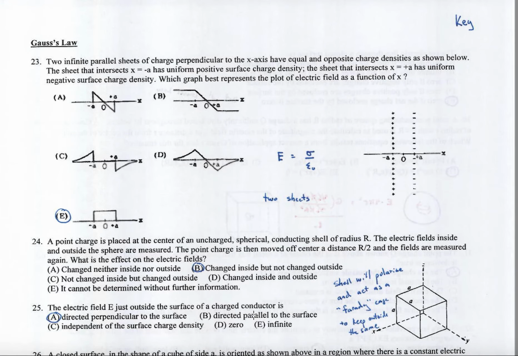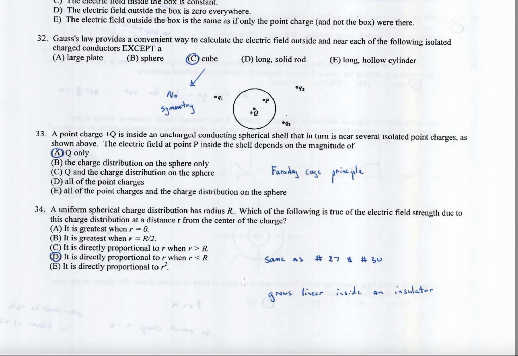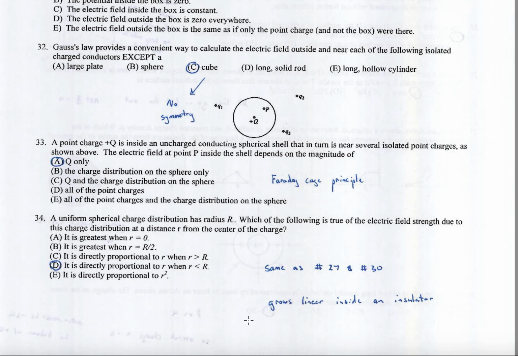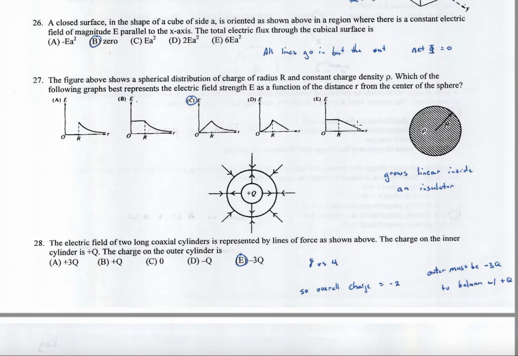I know one of the AP free response questions asked you to look at an infinite cylinder of charge, so maybe you'll get more practice there. But you have to be able to do all those Gauss's law examples and know how it works. Remember, Gauss's law is about finding the electric field due to symmetrical cases. And there were a few Faraday-type principles in this one as well.